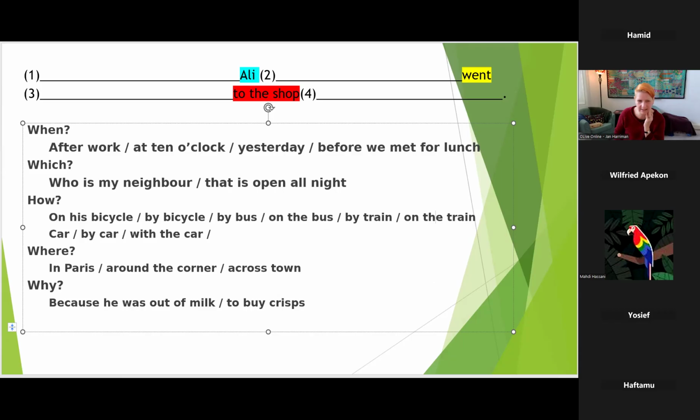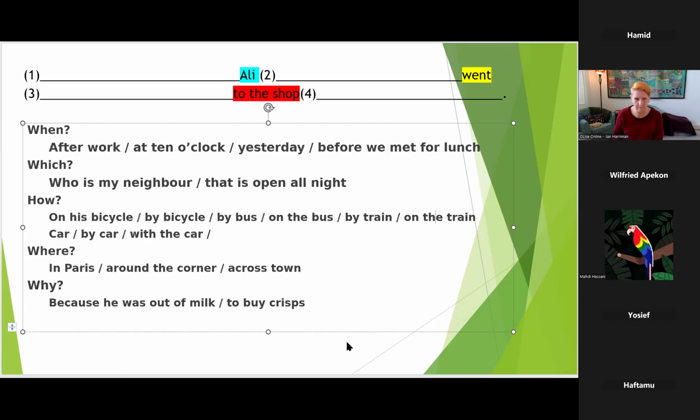Does anyone else have a sentence? Yes. Okay. Can you type it into the chat? Yes.